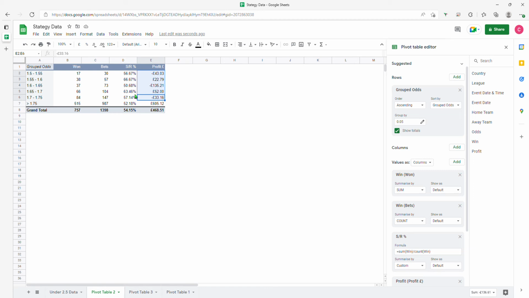But the ones in the 50s have lost money. So that's a good example of how it alternates. You've got minus 43, 22, minus 135, 52, and then minus 33. The biggest loss is the 135, for odds between 1.6 and 1.65. It's still won about half, which is 37 out of 73, but there are massive losses on it.